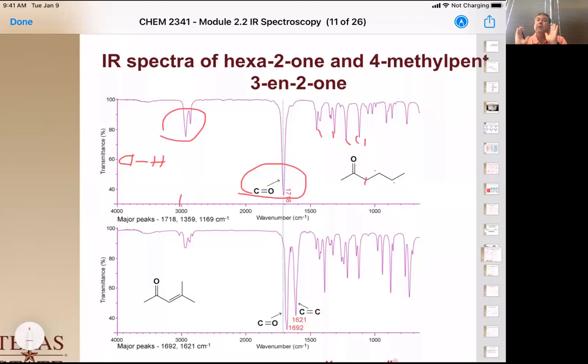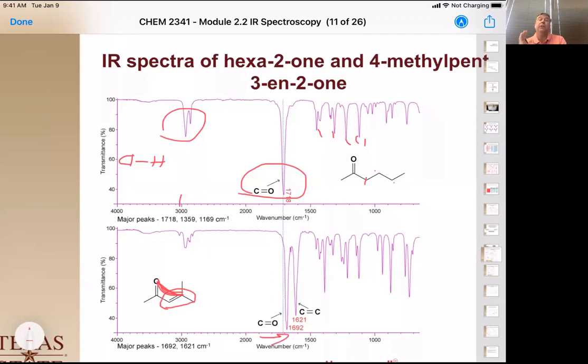But remember, we're identifying our functional group just from that 1500 to 4000, and we look for those carbon-oxygen and carbon-carbon bonds below 1500. In the case of adding a double bond here, now we can resonance stabilize some of this charge out with that double bond. And look what happens to our carbonyl.